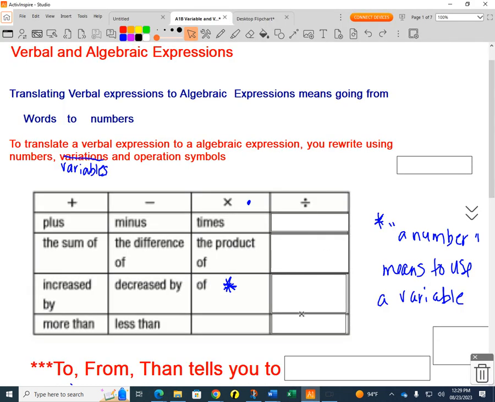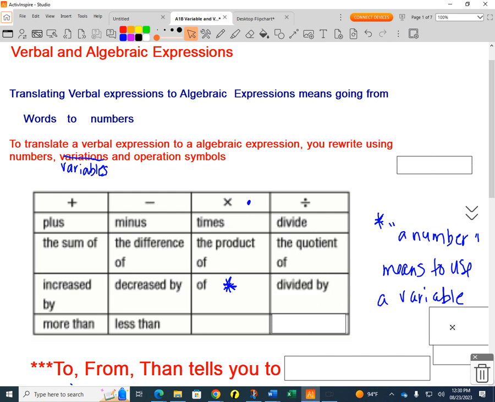All right, so I can fill in our table with these few. This symbol is the division symbol. So divide, it makes sense, but that's one of the words that would indicate division if we have a verbal expression and we need to translate. The quotient of, so all of these have those special words that depend on the operation. The quotient is what you get when you divide things.